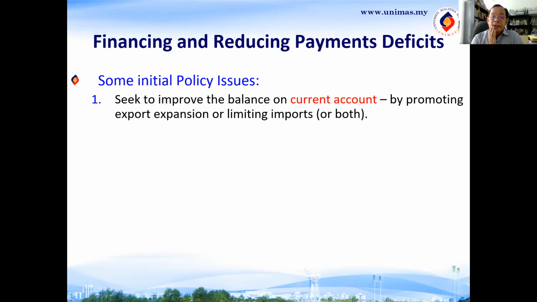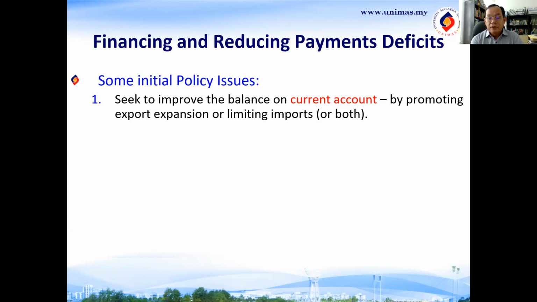So one of the initial policy issues is seeking to improve the balance on current account, which is by promoting export expansion, as we have seen last week. Promoting export is a good way to generate income for the country.